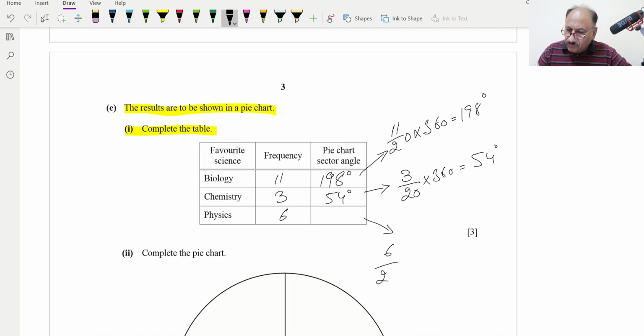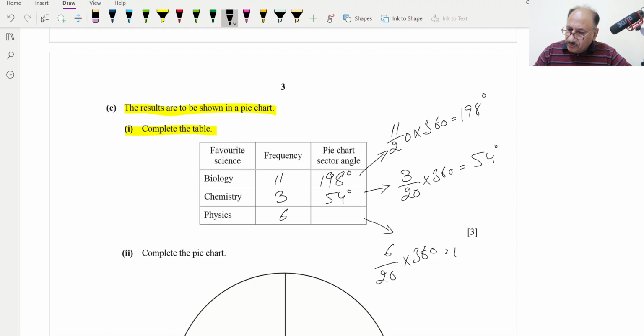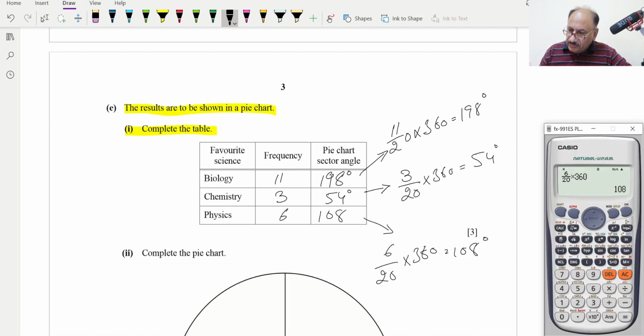Physics will be 6 out of 20 multiplied by 360, which is equal to 108 degrees. We can sum and check that all these three angles should add up to 360 degrees. So 198 plus 54 plus 108 is equal to 360, so everything is fine.